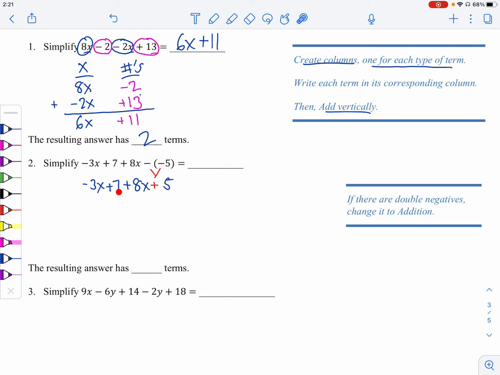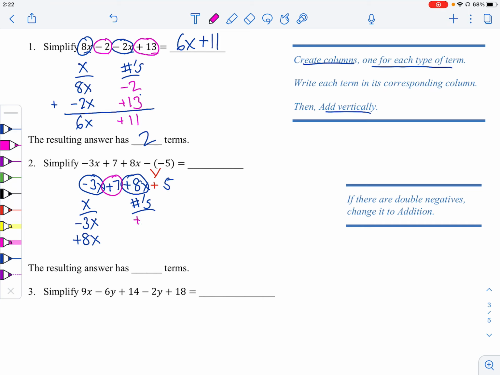We have x's, numbers, x, and a number. Just two columns. So x column, and we have our numbers column. Let's go to the first one. So we have negative 3x. Write that in there. We have 8x, right? Positive 8x. Okay, done with the x's. Let me go to the numbers.